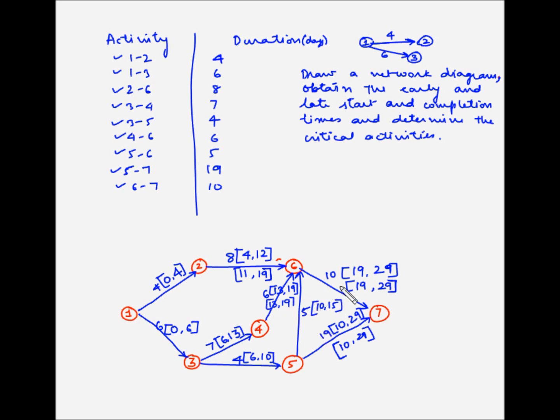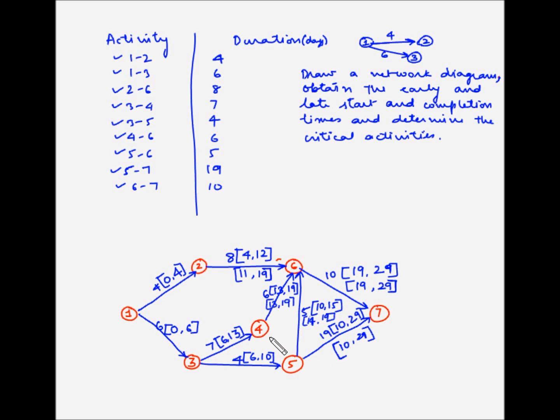For activity 5-6, again the same thing. 6-7 is the activity following this activity, and activity 6-7 has to start latest by the 19th day. So the latest finish time for activity 5-6 becomes 19, and 19 minus 5, which is 14, becomes the latest start time.